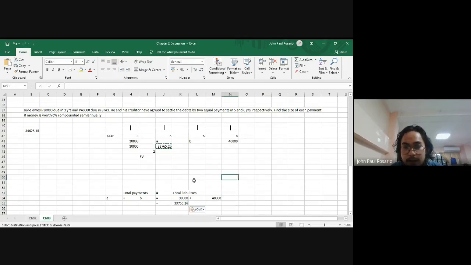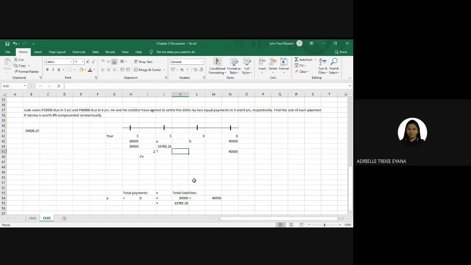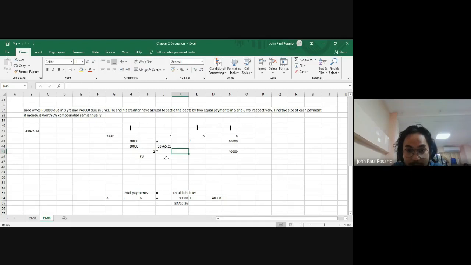Now, on our 40,000, what is this? You bring it to the present, right? So, present value or future value? Present value, sir. Present value because year 5 is the unknown, so meaning it's 5 minus 8. So it's negative 3.